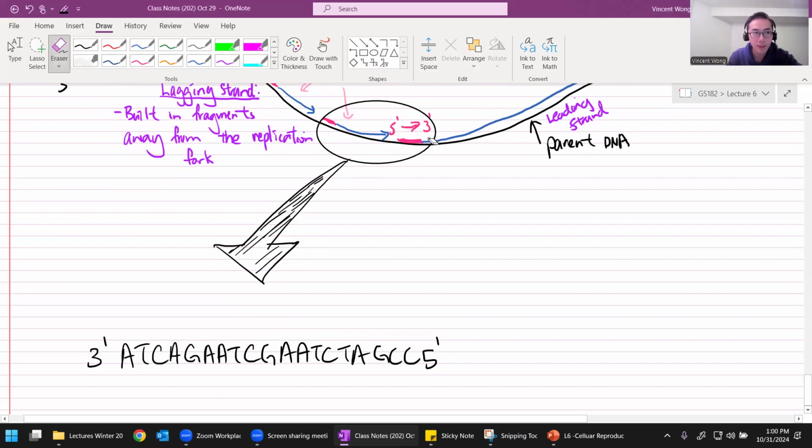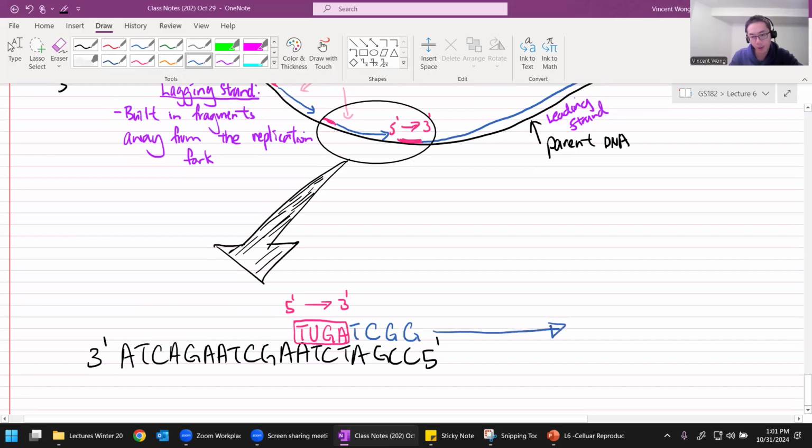You see there's a primer here, right? The red thing. So I'm gonna put a primer here as well. Five to 3. And polymerase 3 is gonna come, and then it's gonna continue on from the primer. Nothing's new so far.